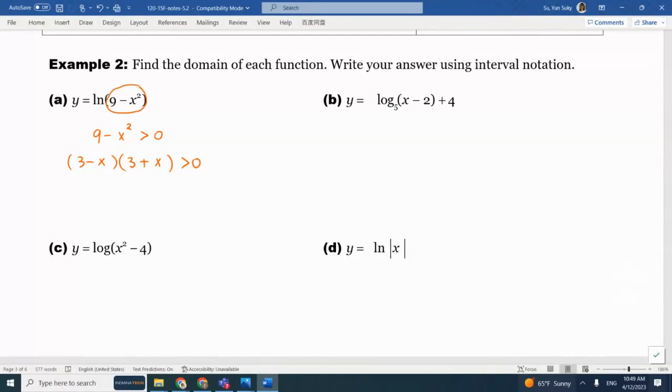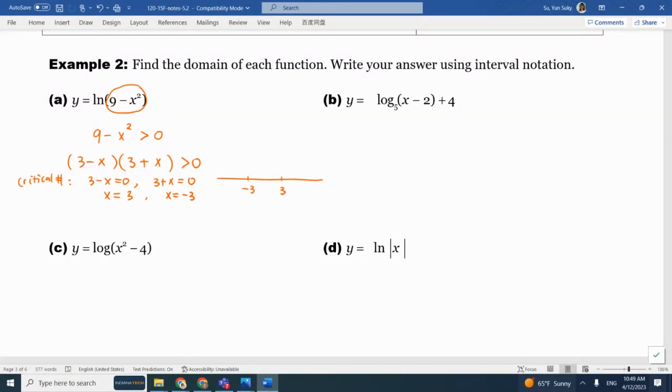And what are the critical numbers? So you set 3 minus x equal to 0, and you set 3 plus x equal to 0. What is x? 3 and negative 3. Okay. Now remember, the real number line, we plot those critical numbers.